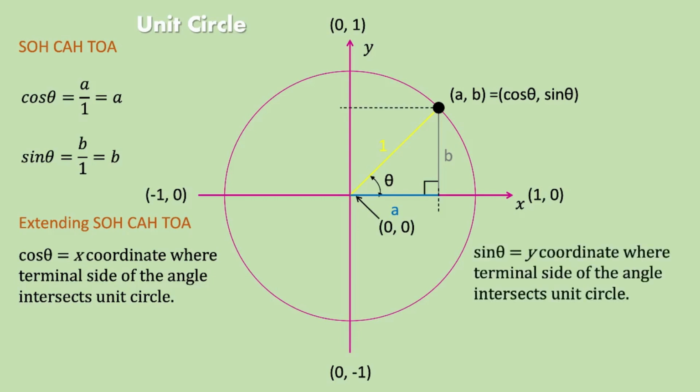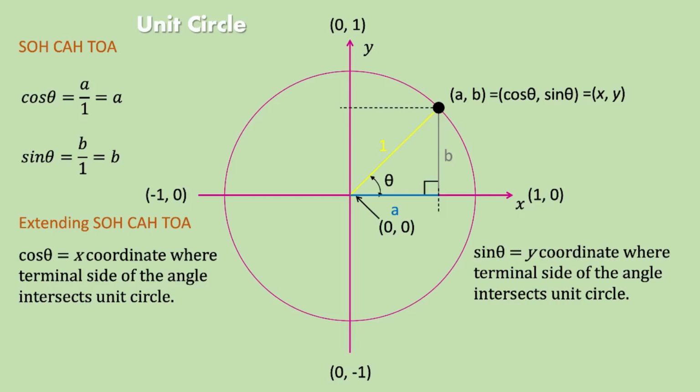And we can define sine of theta as equal to the y-coordinate where the terminal side of the angle intersects the unit circle. So essentially, for any angle, the x-y point is going to define cosine of theta and sine of theta.